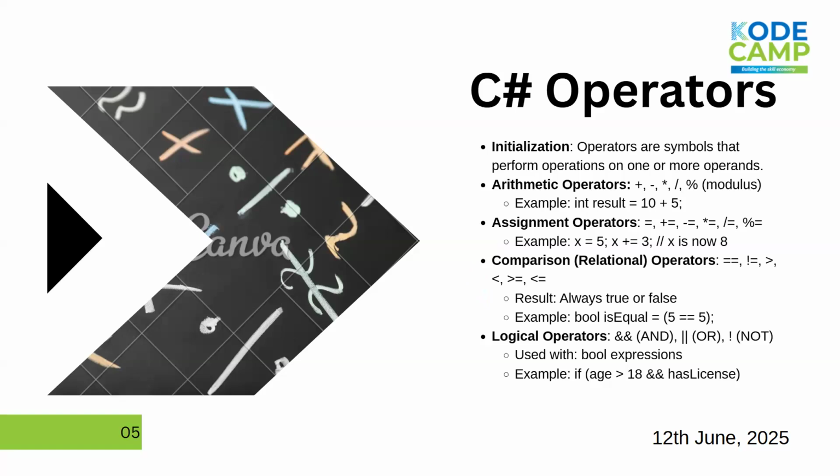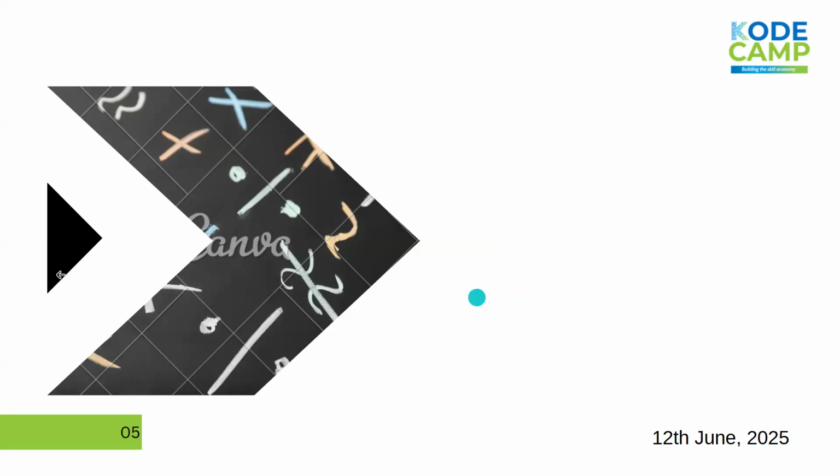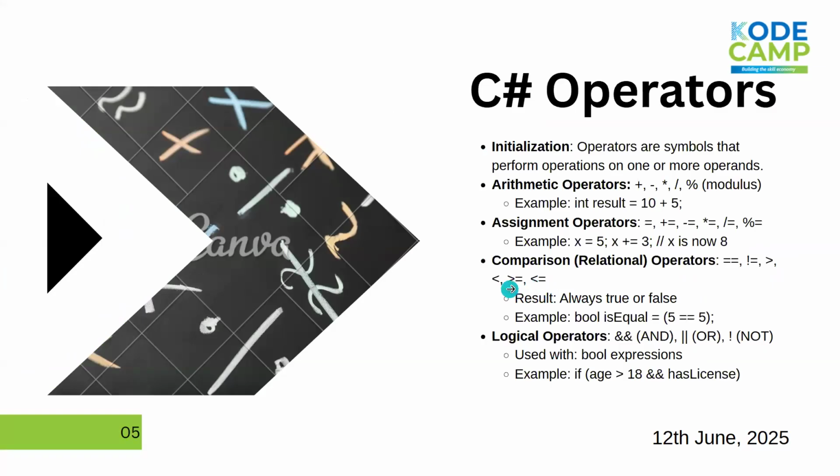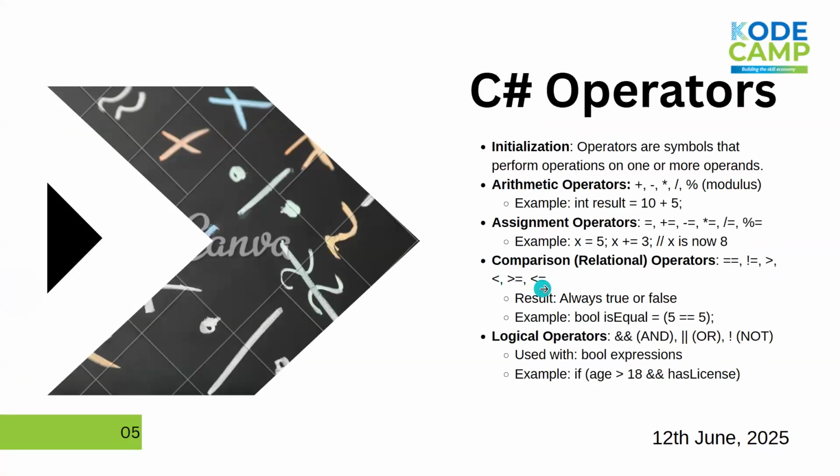For the comparison operators, we have equal to, then not equal to, greater than, less than, greater than or equal to, and less than or equal to. So the result when using these operators will give you a true or a false value.